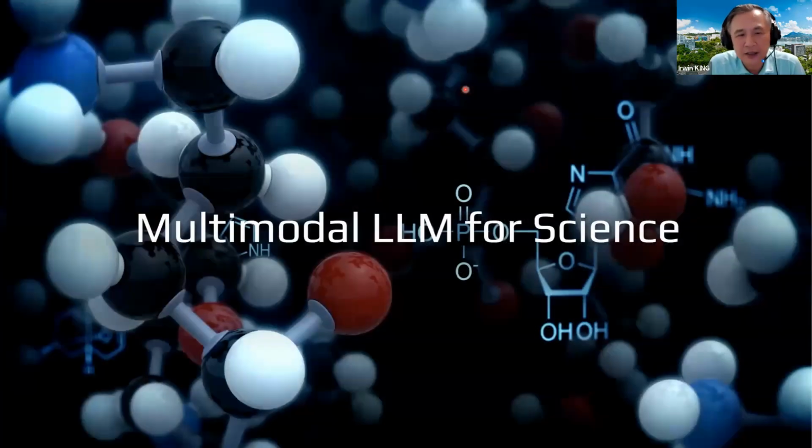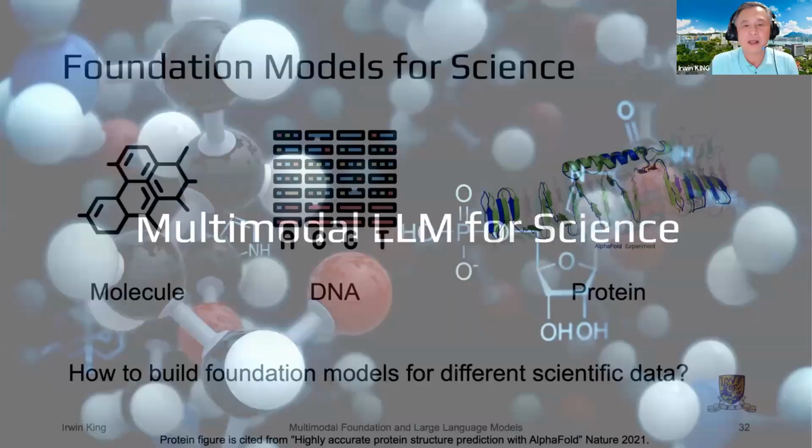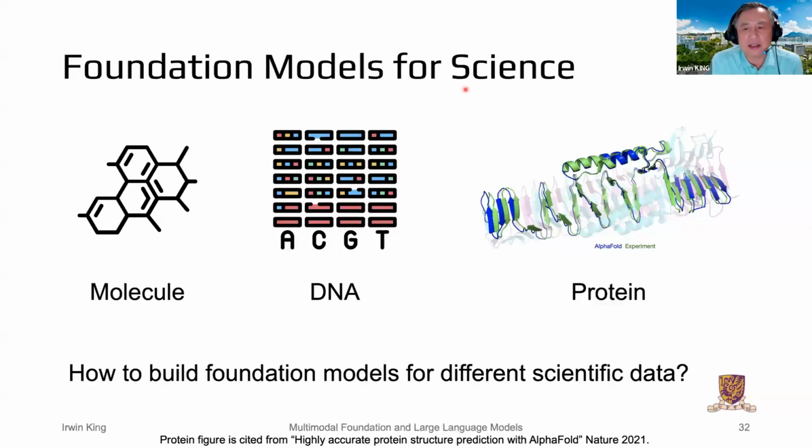The first thing is multimodal LLMs for science, and this is really interesting. As I said earlier, we know ChatGPT is for generating text, and text is basically just a sequence of symbols. If that's the case, my question to you is, are we able to do the same thing with molecules, DNA, and proteins?